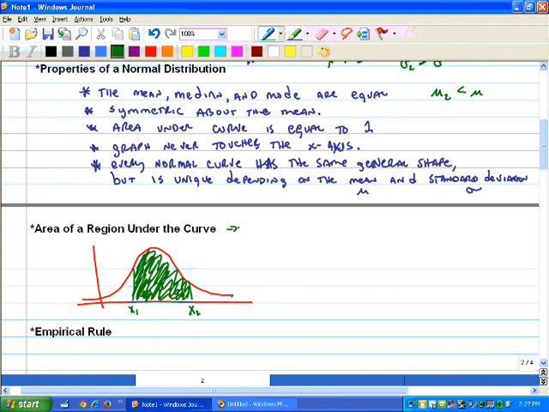The area of the region under the curve is the probability that your random variable x lies between the endpoints of the interval on that x-axis.